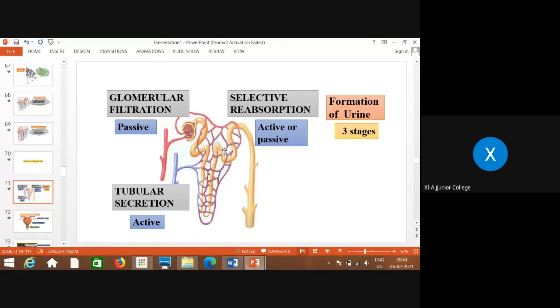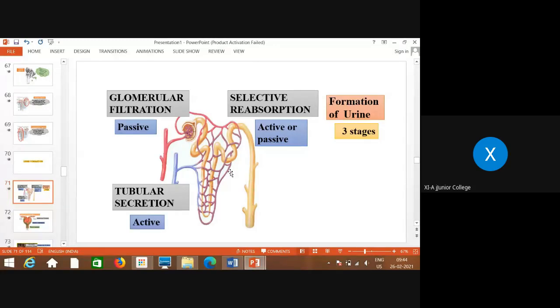Then it continues in the DCT, the distal convoluted tubule. Here also the tubular part becomes coiled, and it then enters the collecting duct and then the common duct. So these are the four parts of the renal tubule that we learned yesterday.